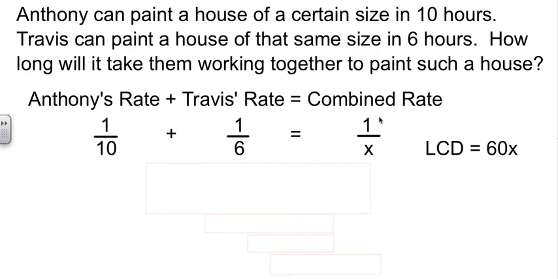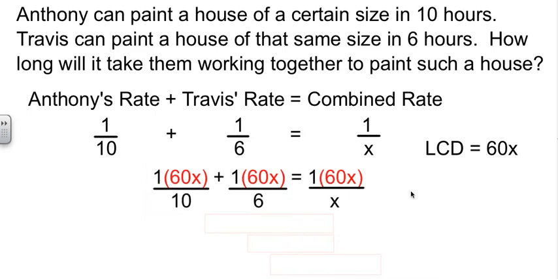Working together, they do 1/x of the house each hour. So we need a common denominator, which I've already found for us, is 60x. Give it to each of them. We can reduce this fairly easily. 6x plus 10x equals 60.